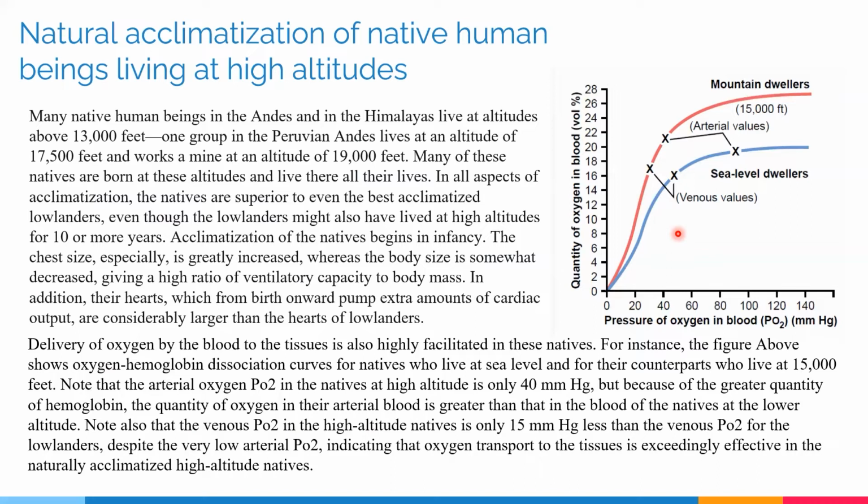This means that the mountain dwellers are able to absorb a much higher amount of oxygen from the blood, even at low concentrations of atmospheric oxygen, than the sea level dwellers.